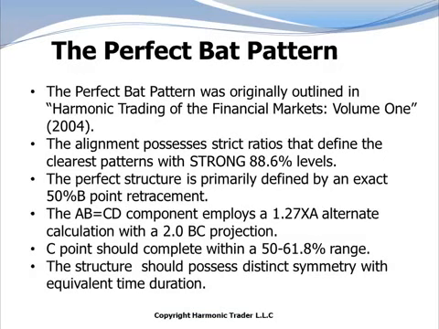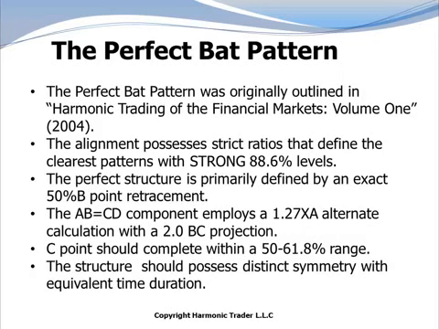The perfect bat pattern. The perfect bat pattern was originally outlined in my book, The Harmonic Trading of the Financial Markets, Volume 1, released in 2004. It's an alignment that I devised which possesses strict ratios that define the clearest patterns with strong 0.886 levels.